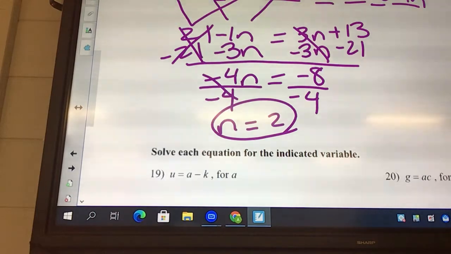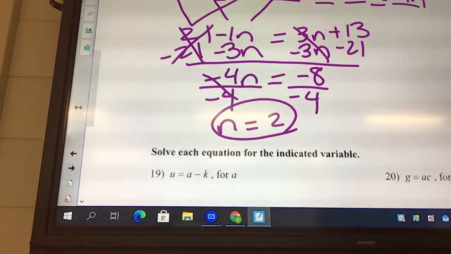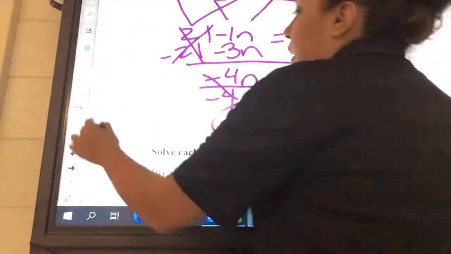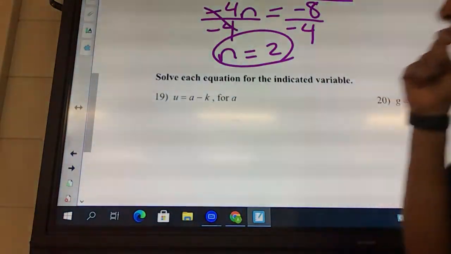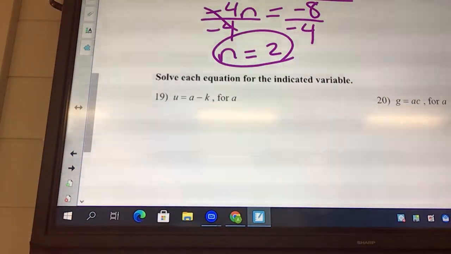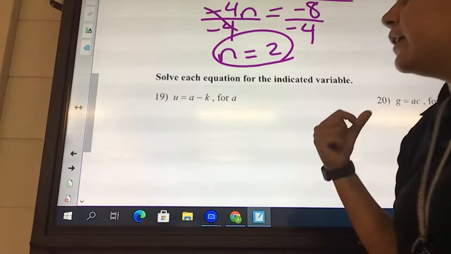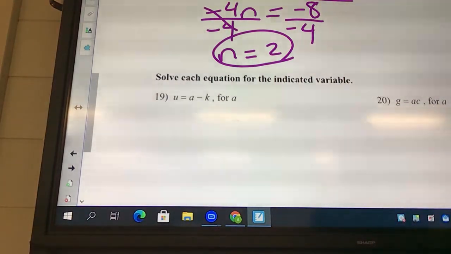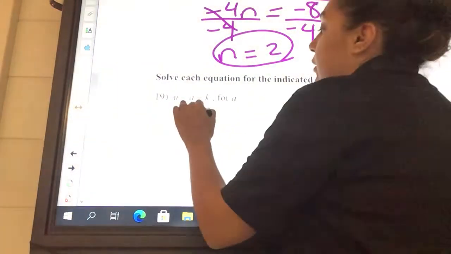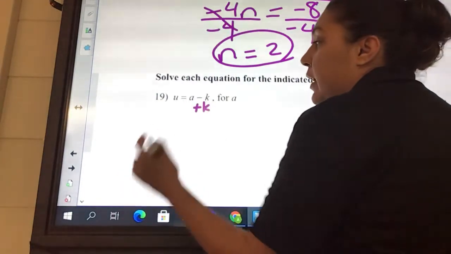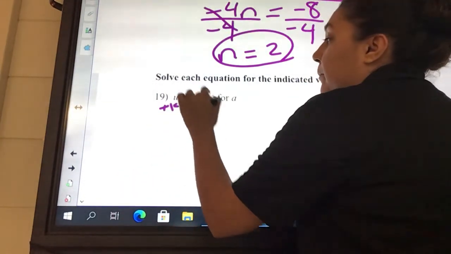Okay, and then the last section that you can expect to be on your test is going to be these literal equations. So we need to solve for A. We say, well, what's on A's side that shouldn't be? Well, I got this K. It's a minus K, so how do I move a minus K? Well, then you have to plus K. If I do it to one side, I've got to do it to the other side.